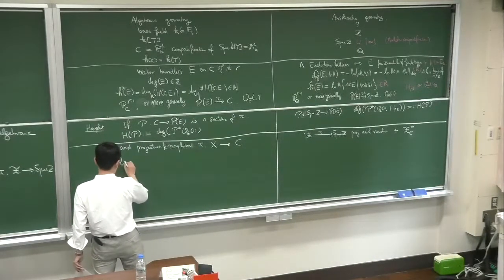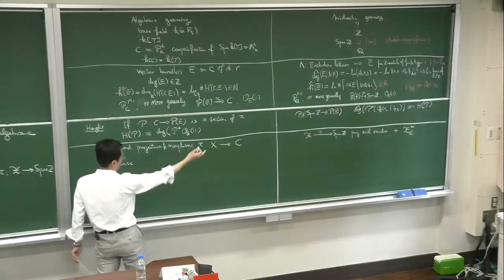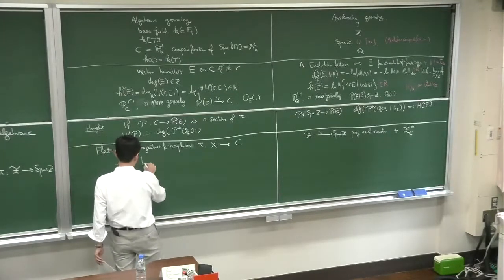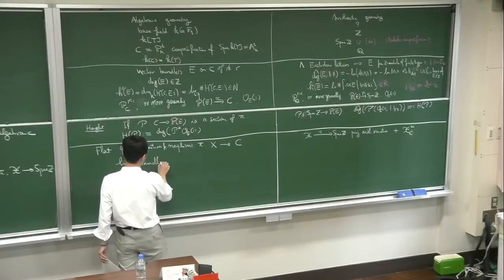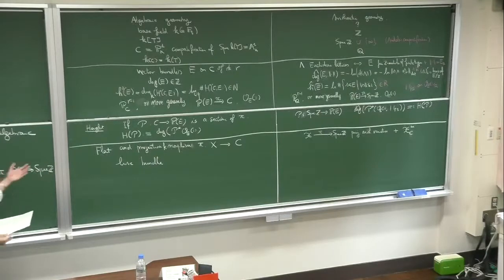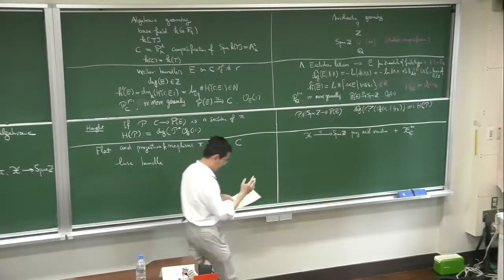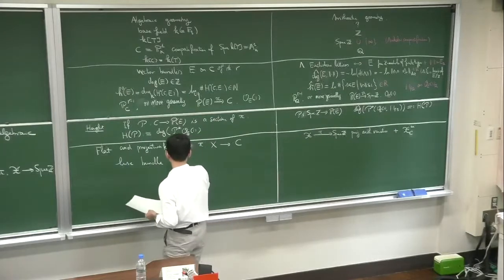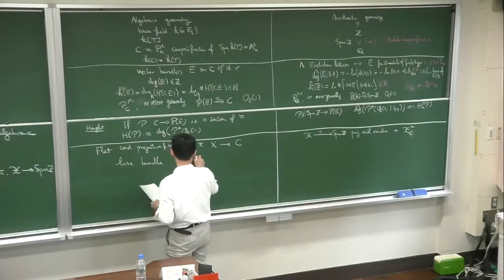Here, for computing the geometric invariants, you need to introduce some line bundle. Sometimes the line bundle could be a canonical bundle. Sometimes it could be a more general line bundle.